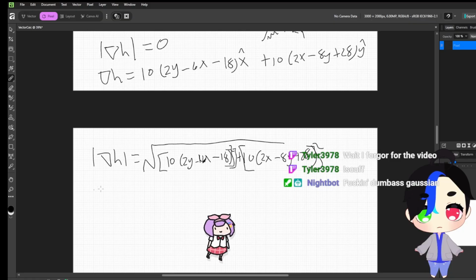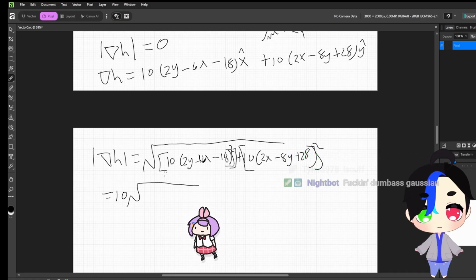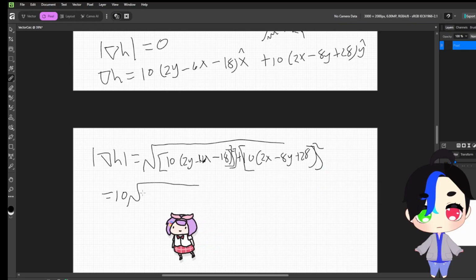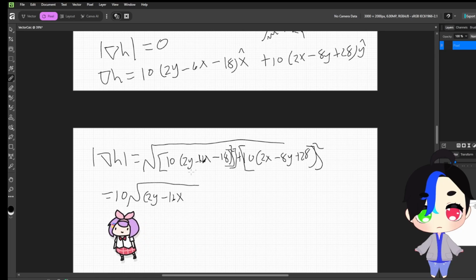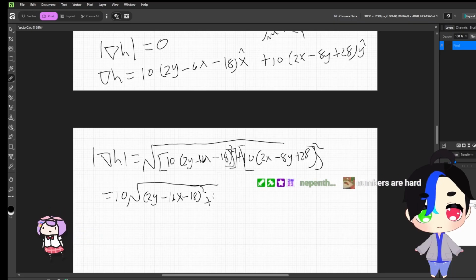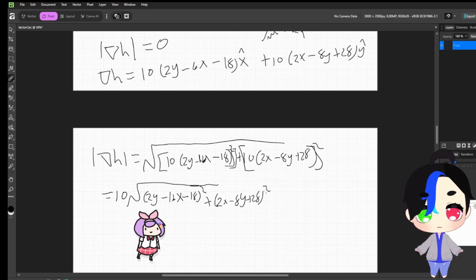So that becomes 10 times the square root of 2y minus 16x minus 18 squared plus 2x minus 8y plus 28 squared.